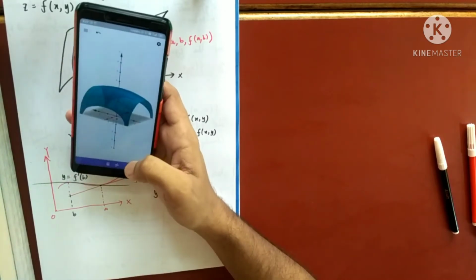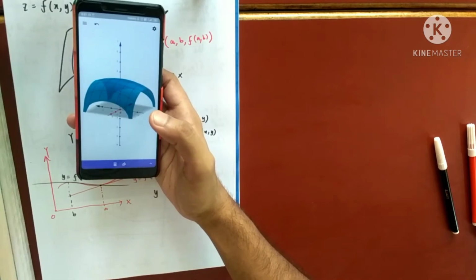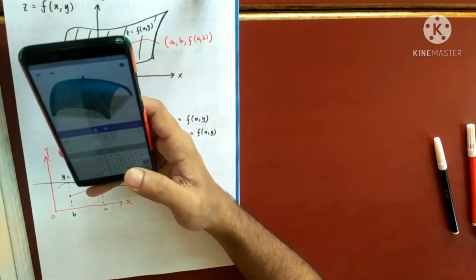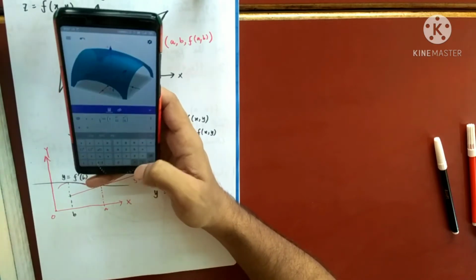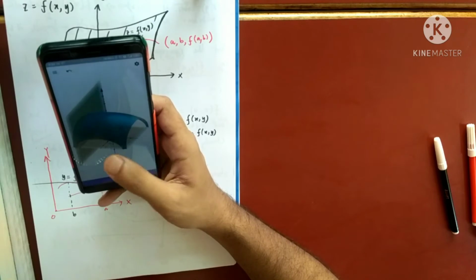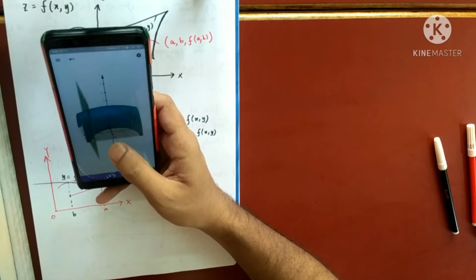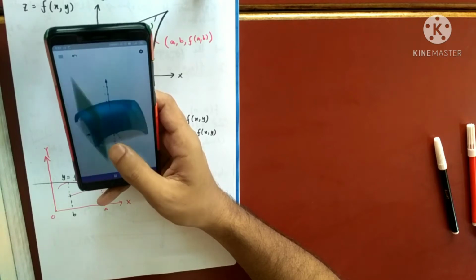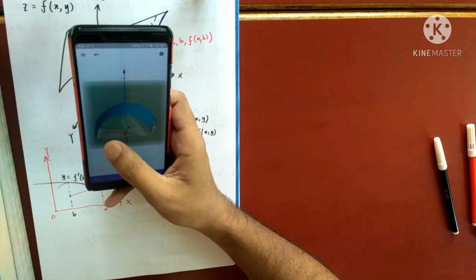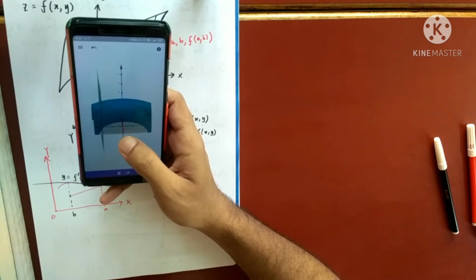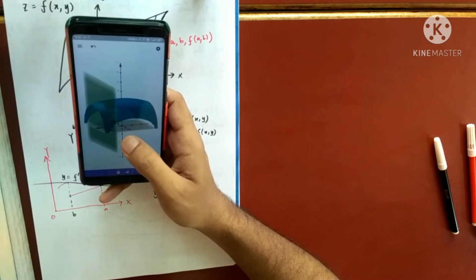Now what I'll do, just a minute, you fix some value of y. Suppose I am fixing y equals 2. So as you can see, I am fixing this particular value of y equals 2. So I am interested in the curve that I have obtained. Which curve have I obtained?